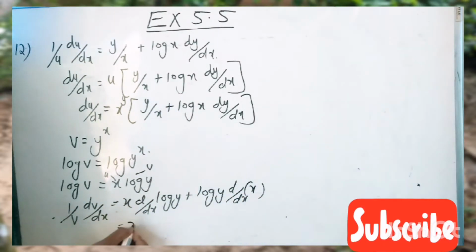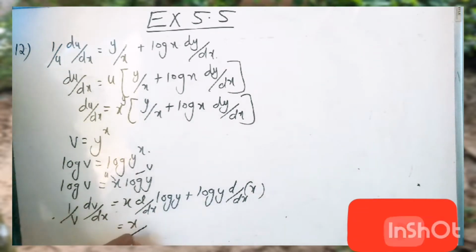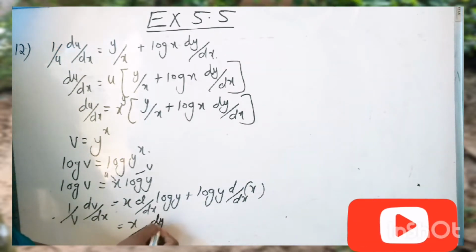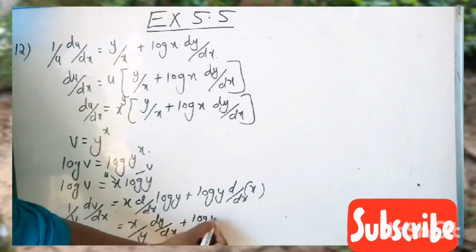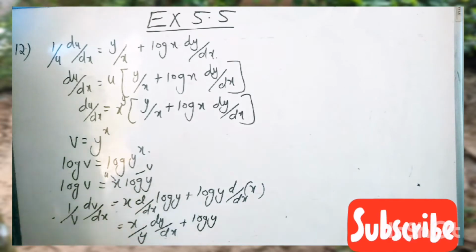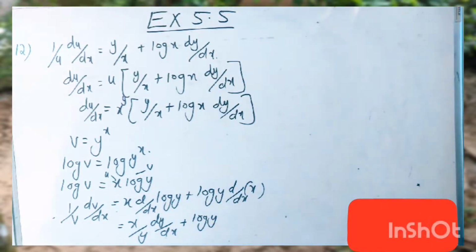The derivative of log y is 1 by y, and we need to take the derivative of y also, plus log y into the derivative of x with respect to x, which is 1. So we got 1 by v into dv by dx is equal to x by y into dy by dx plus log y.